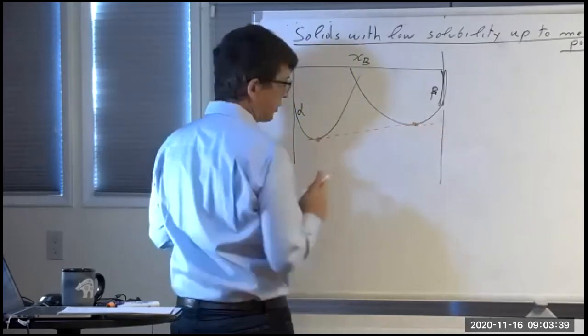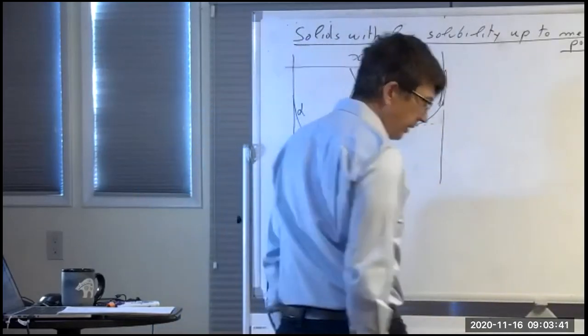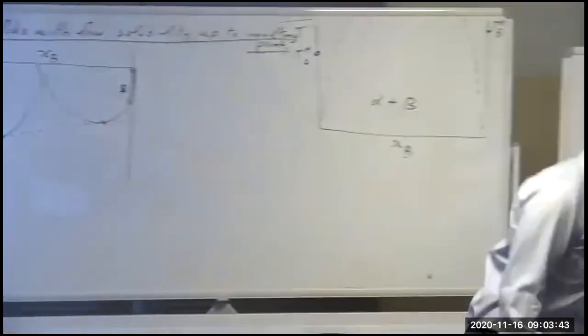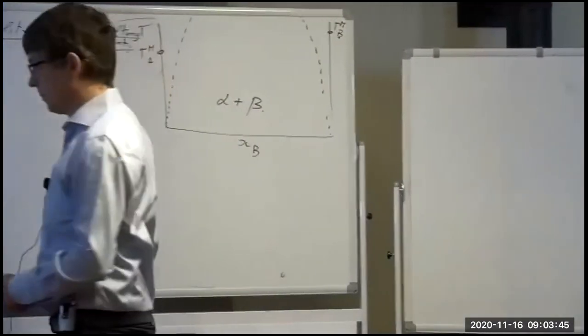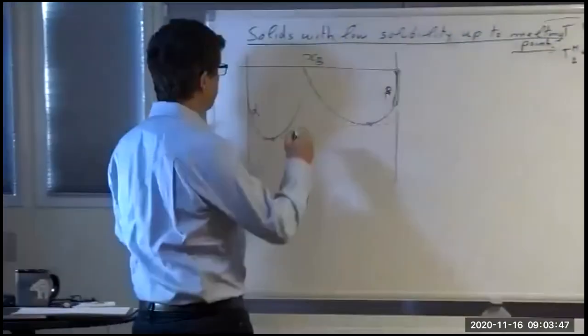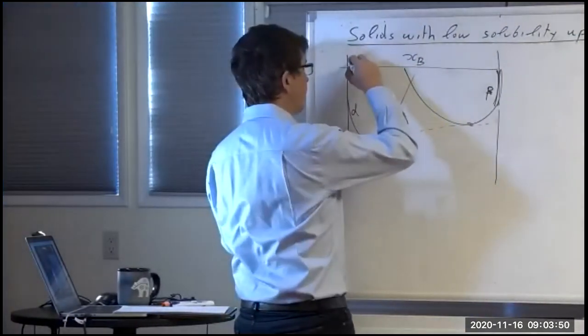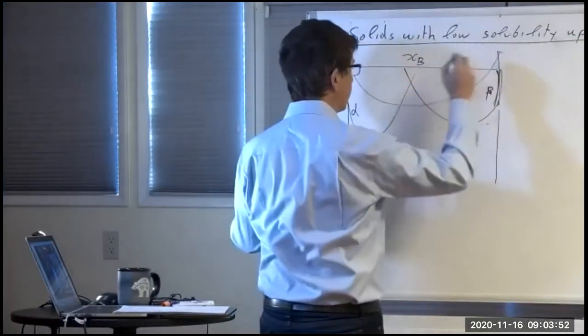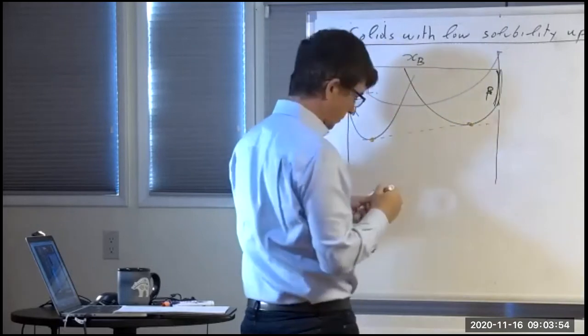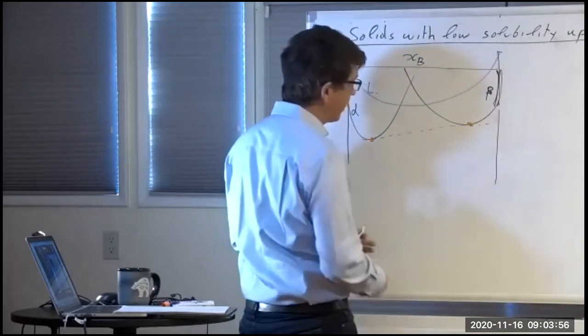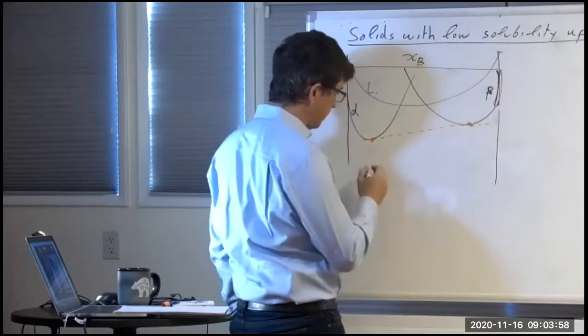So this is the common tangent. And then maybe there's a liquid in play, but the liquid is way too high in free energy to ever play, right? So let's say this is the liquid. The liquid is never low enough to be the lowest energy state.